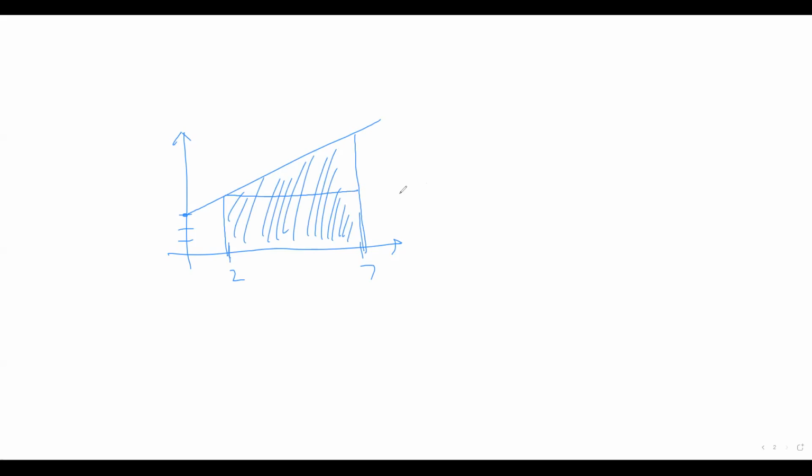What's the area of this rectangle? 5 times, what's that 5? Where'd you get that 5 from? The distance from the beginning to the edge. So that's the width, right? Gotta know how tall it is. How tall is that rectangle?